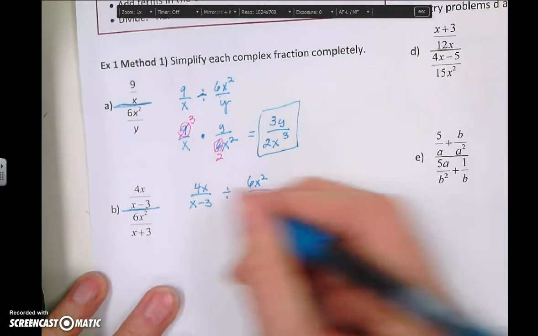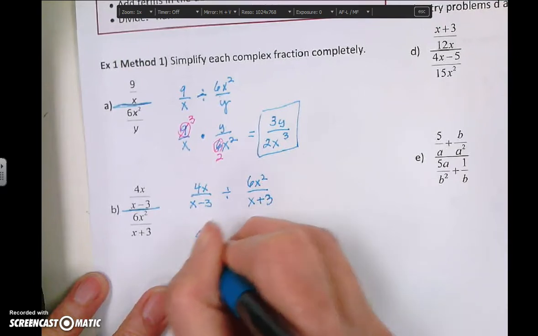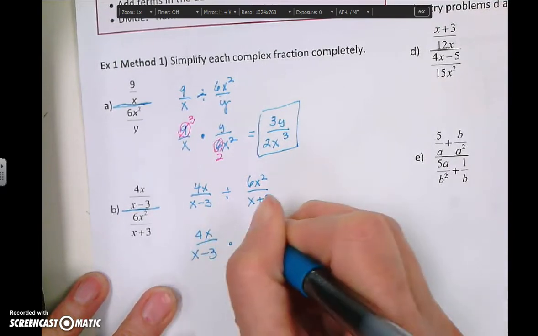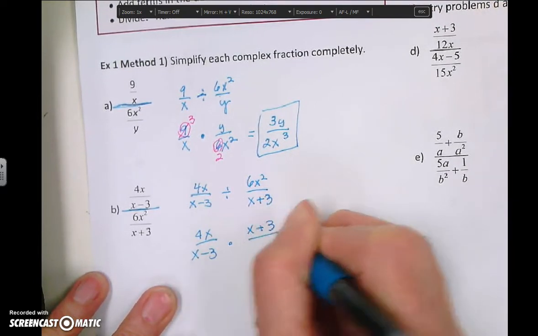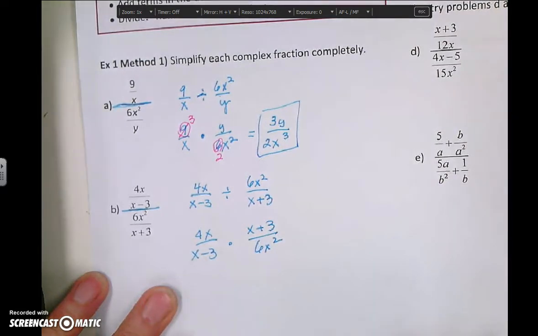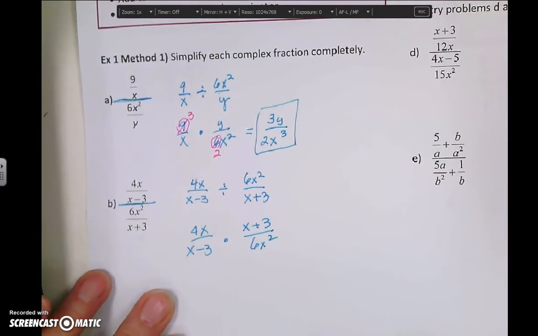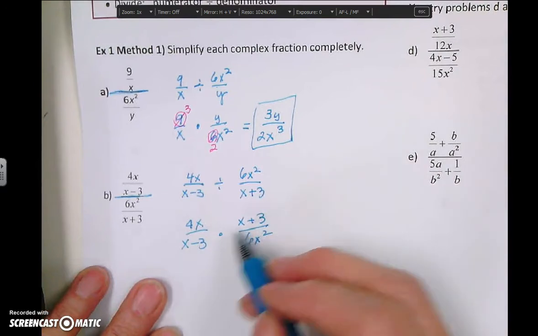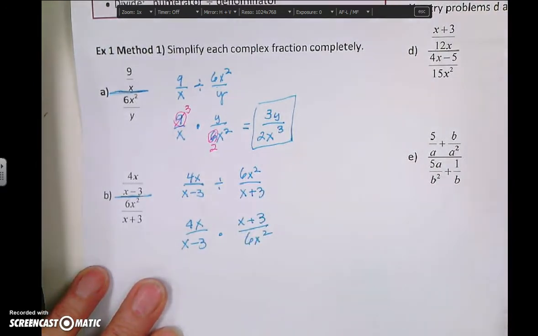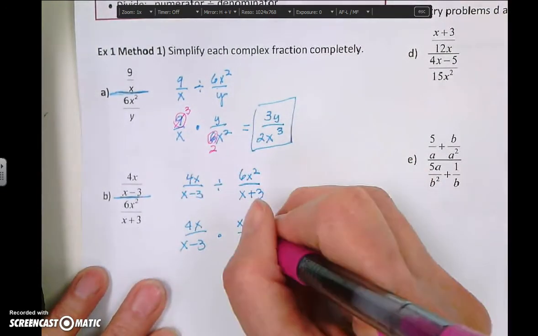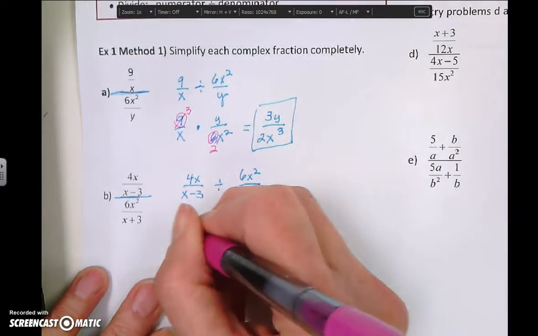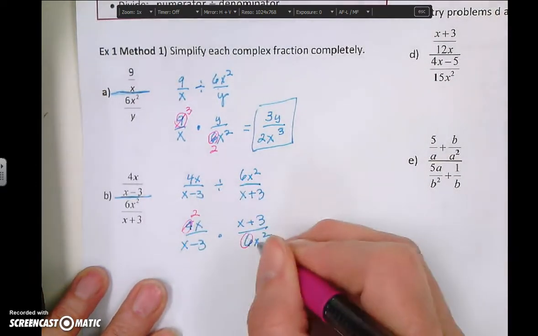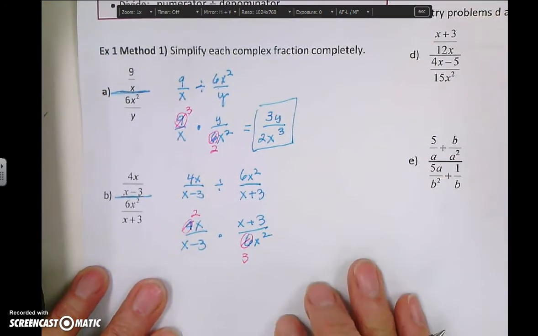Then I'm going to change it to multiplication, so I have 4x over x minus 3 times x plus 3 over 6x squared. I want to see if there's any reducing I can do in this multiplication. I can't do it here: one's a minus, one's a plus. But my 4 and my 6, I can reduce by a 2. 2 goes into 4 twice, and 2 will go into 6 3 times.